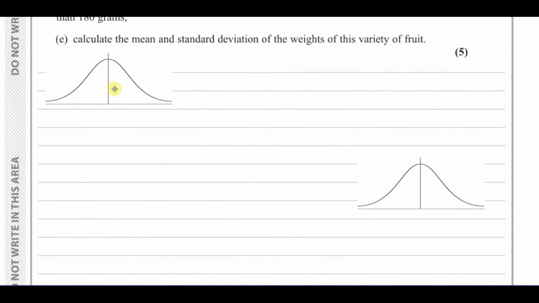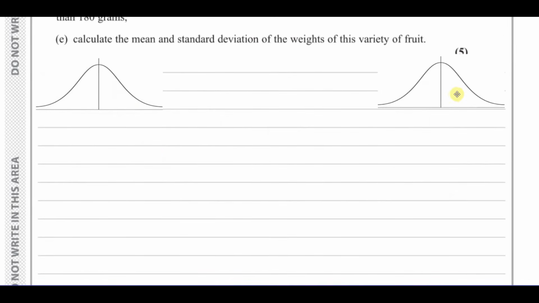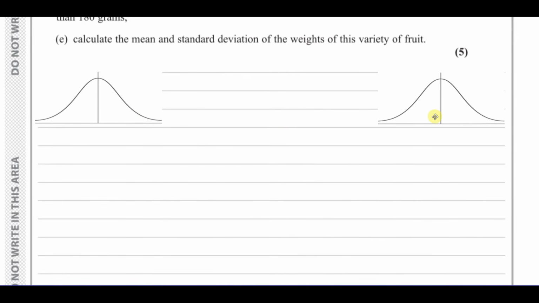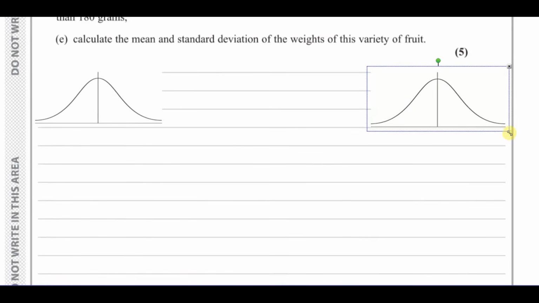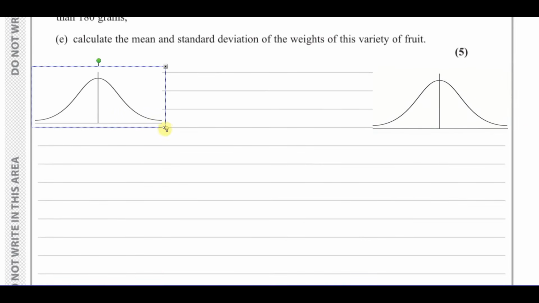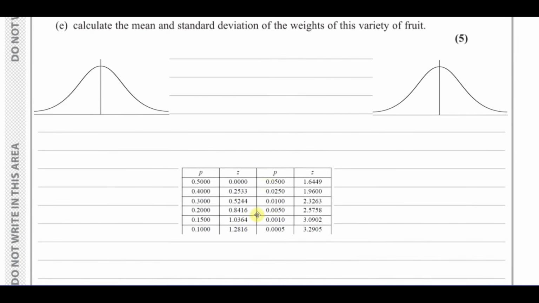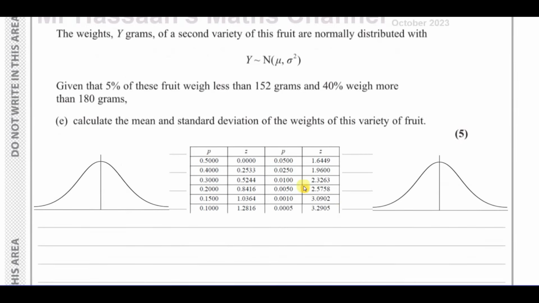So basically, we're going to form two equations from the information given, and solve them simultaneously. The information is about two different situations, and I'm going to use the small table, so I'll bring this up here as well.